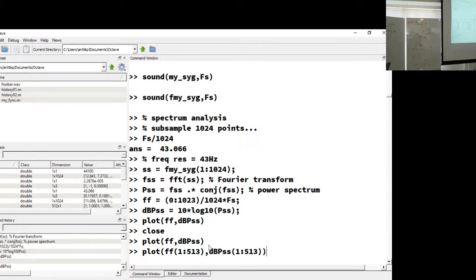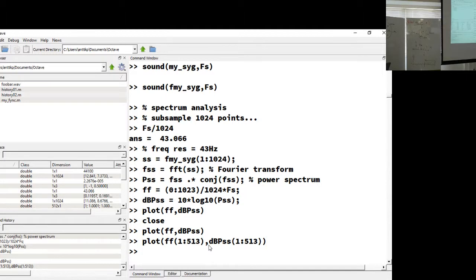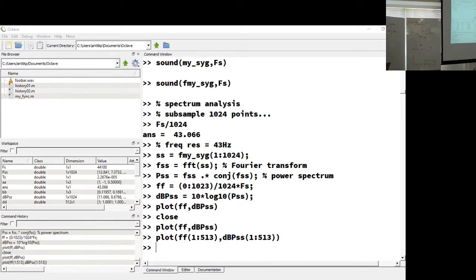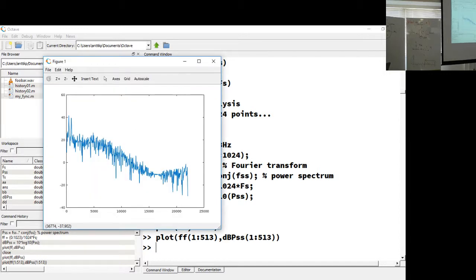So basically the middle point, the Nyquist frequency, is N over 2 plus 1 because of the offsetting. We started from 0. There we go. So the only thing missing here is the axis information.